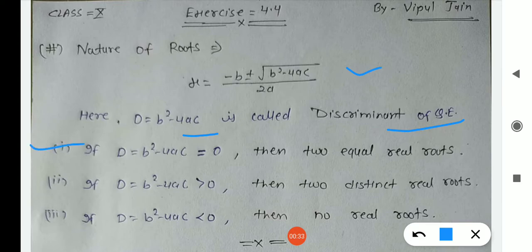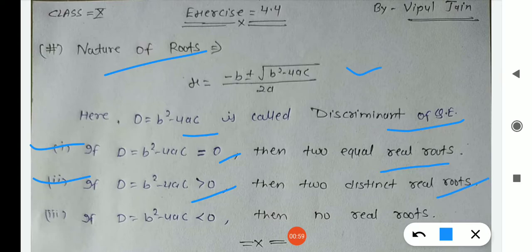First, if the discriminant b square minus 4ac equals 0, then there are two equal real roots. Second, if b square minus 4ac is greater than 0, then two distinct real roots.